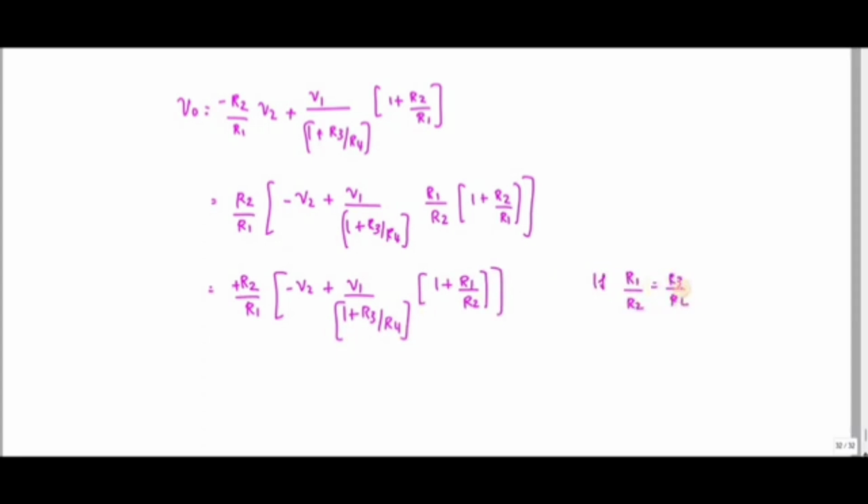If R1 by R2 is equal to R3 by R4, then these two get cancelled out, and you will get the answer as R2 by R1 into V1 minus V2.